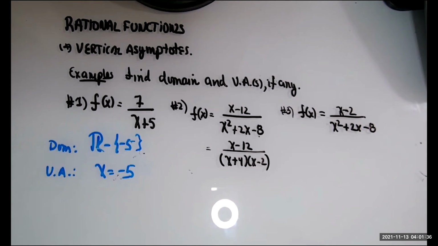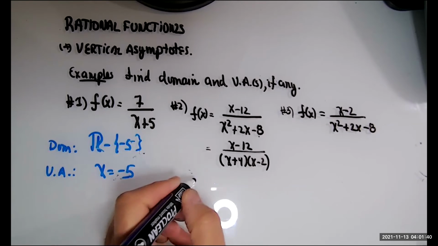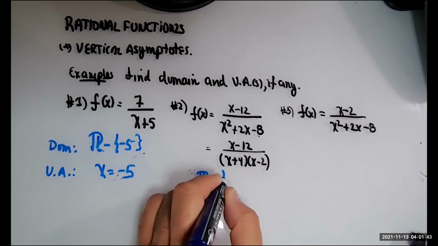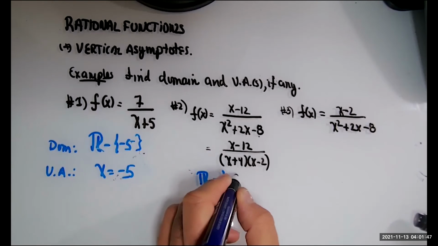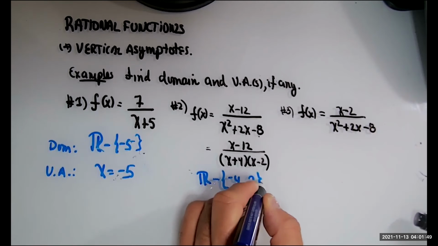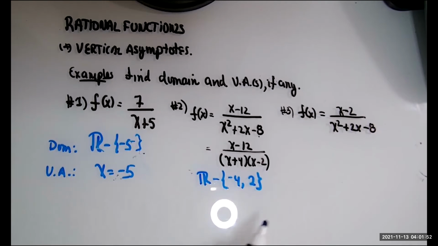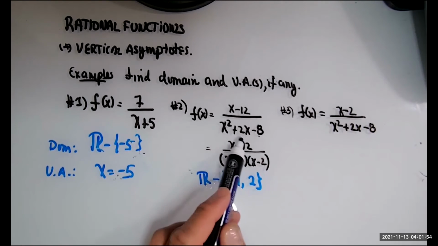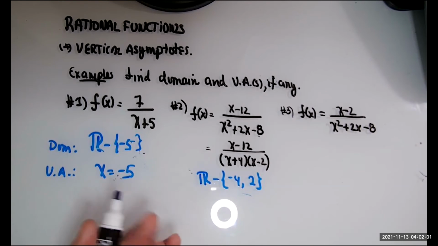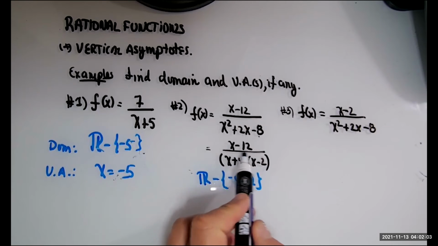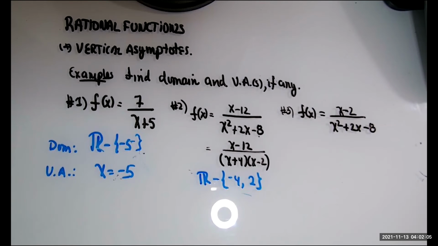So in this case, my domain will be all real numbers except, what are the zeros? -4 and +2. And this one will exhibit 2 vertical asymptotes, one at x equals -4 and the other one at x equals 2. The numerator is x minus 12, so there is nothing to simplify.